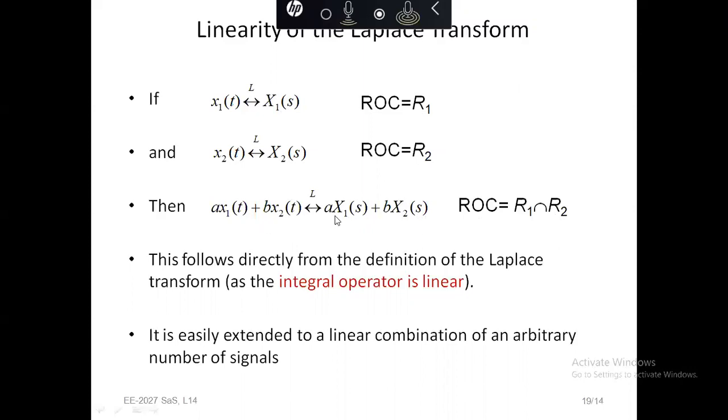So the linearity property we can prove by definition, but in fact, the integral has the linearity property. So we can say that this is the justification for the linearity of the Laplace transform.